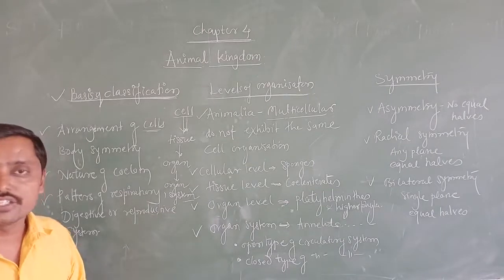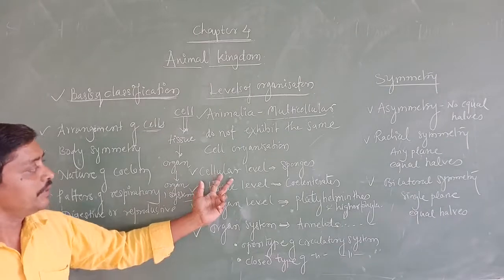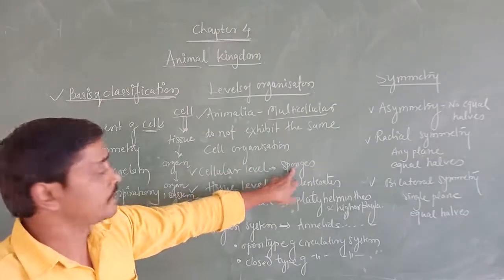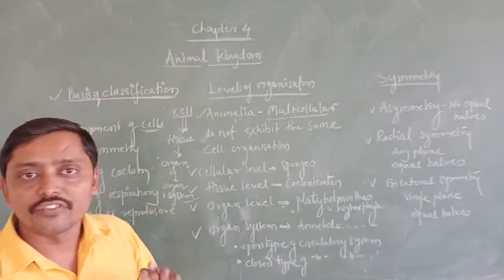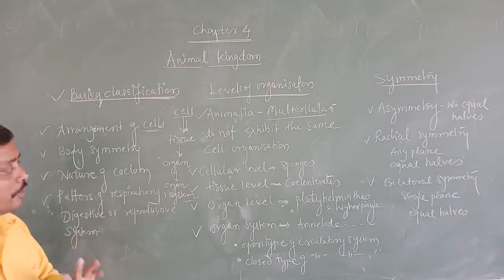The cells are arranged as loose cells, and this type of arrangement we find in sponges, and the sponges come under the phylum Porifera.